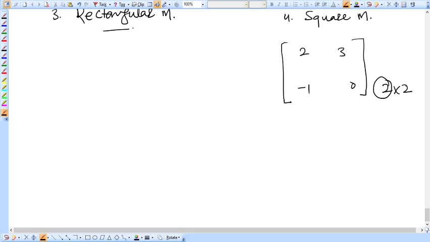The number of columns is equal to the number of rows, so we call it a square matrix because it resembles a square.